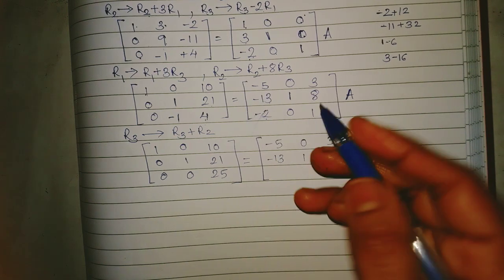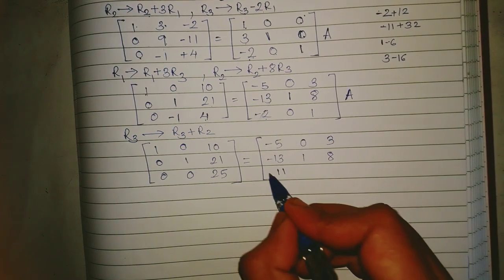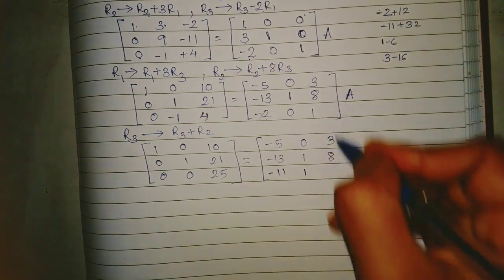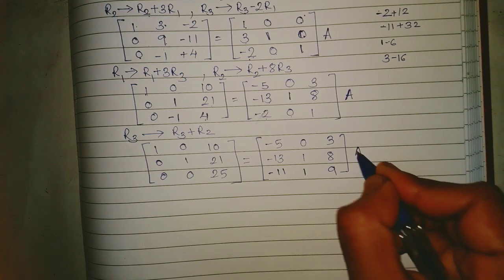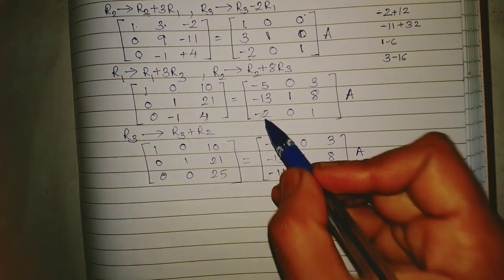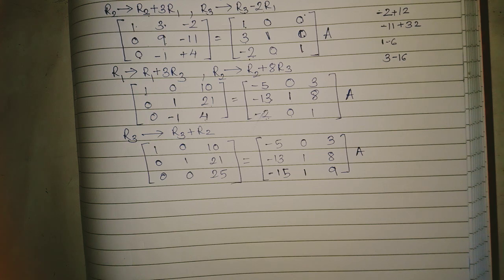R3 plus R2, so 11 minus 2 minus 11, 9. And we are adding this, so it will be minus 15.